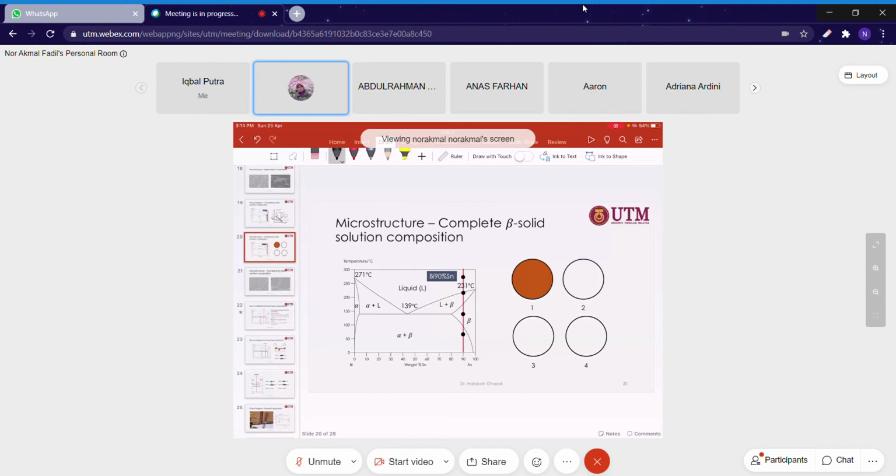The stannum composition is larger than 80%. So if your alloy contains more than 80% stannum, this microstructure you should obtain at this point.